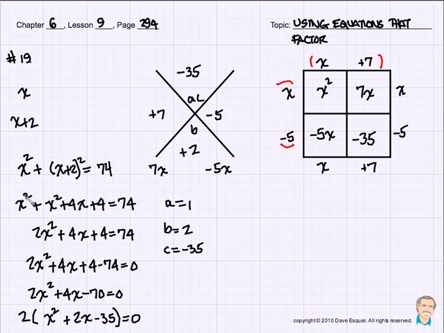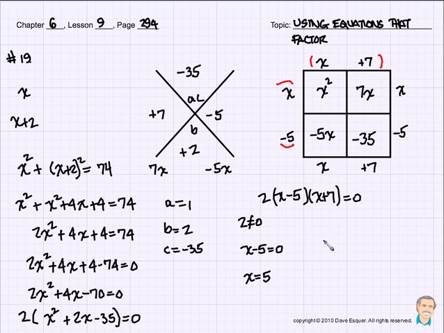So our factors are x minus 5 times x plus 7, and don't forget the 2 we had over here that we factored out, and those are equal to 0. So we know 2 is not equal to 0, so we can scratch the 2.